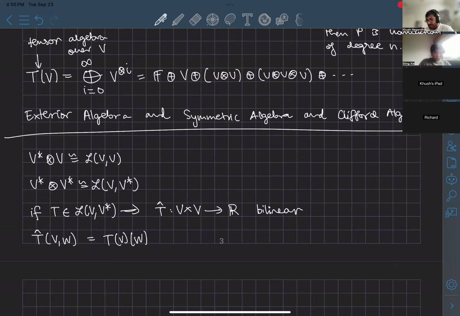It's pretty obvious because T is linear, and the V component is linear because it's a linear function.